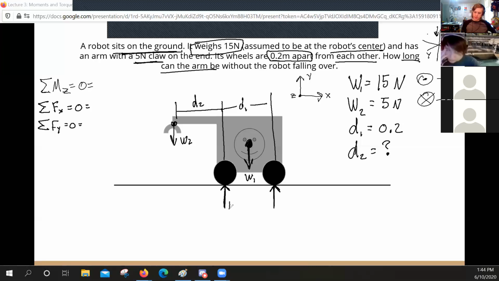So we can say that this is N1 and this is N2. Later on, we could simplify these into a single normal force and just call it N. However, because we need to know the moments, we can't do that right now. We are going to need them at these locations. Okay.